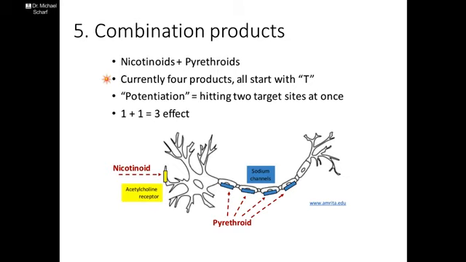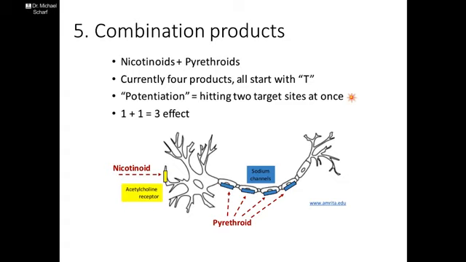When we're hitting 2 target sites at once, we get this effect that's 1 + 1 = 3. If each insecticide by itself caused an effect equal to 1, and we add them together, we get this synergistic effect where it's 1 + 1 = 3.